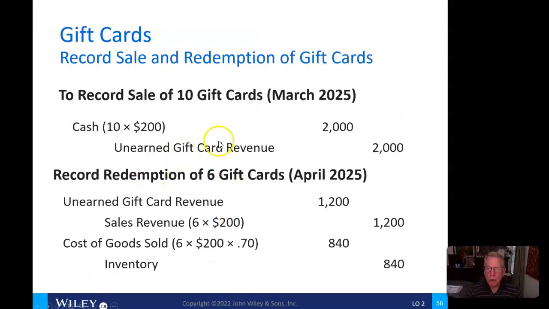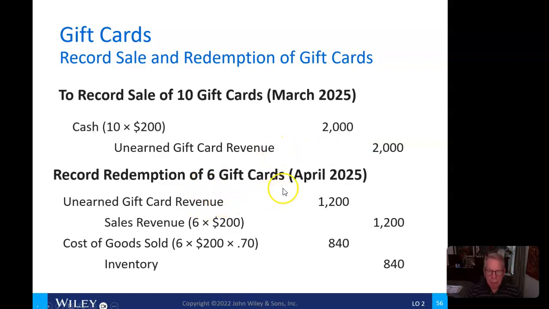In this case, to record the sale of the first 10 gift cards, we're going to reflect the fact that we've received $2,000 in cash. But also, we will create the unearned revenue liability for $2,000.